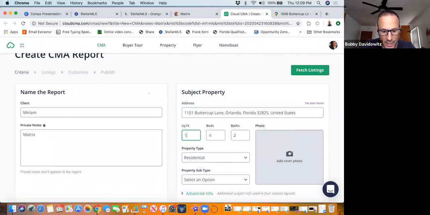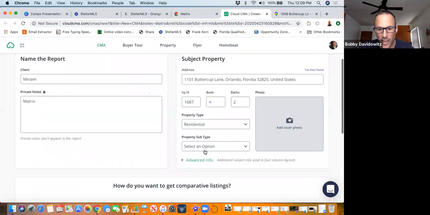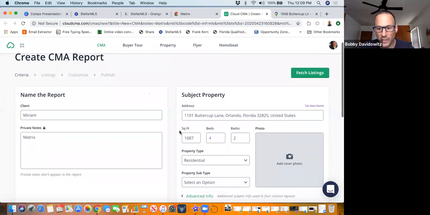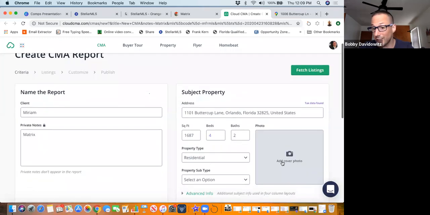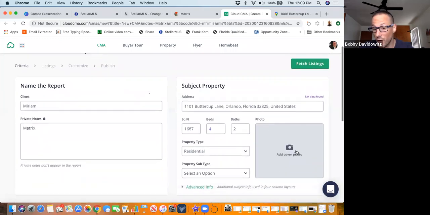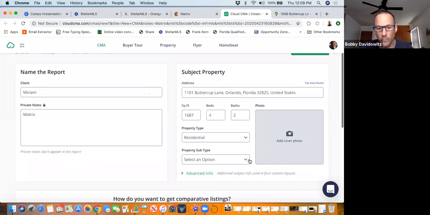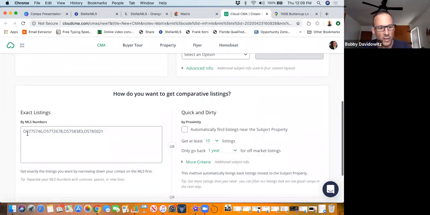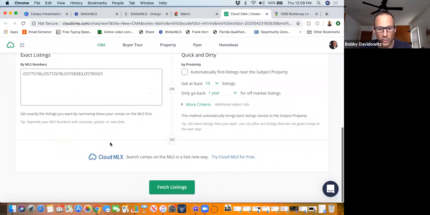We know it's 1687 square feet. We can fill all this stuff out. Residential, subtype, whatever. Now you can even add a cover photo. Let's say you took a photo of the exterior front, you can add a cover photo of the property to personalize it even more. You can see here on the bottom that it has the listings that I've already asked it to pull into this report. And all I have to do is fetch listings.